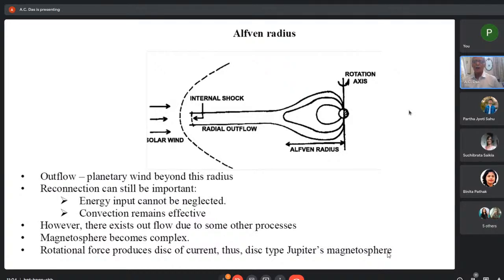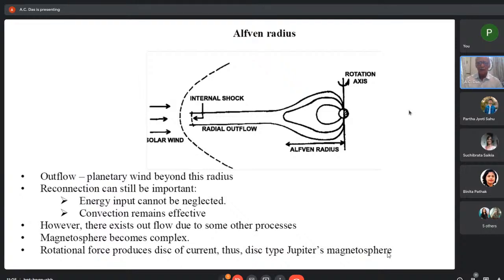So it cannot contain the plasma, and there would be a radial flow beyond a certain critical distance. That distance is called the Alfven radius, because it is associated with the Alfven velocity. That means v squared is equal to B squared by 4 pi rho, and that is where the breakdown of this motion comes. So there is an outflow, a planetary wind, beyond this radius.